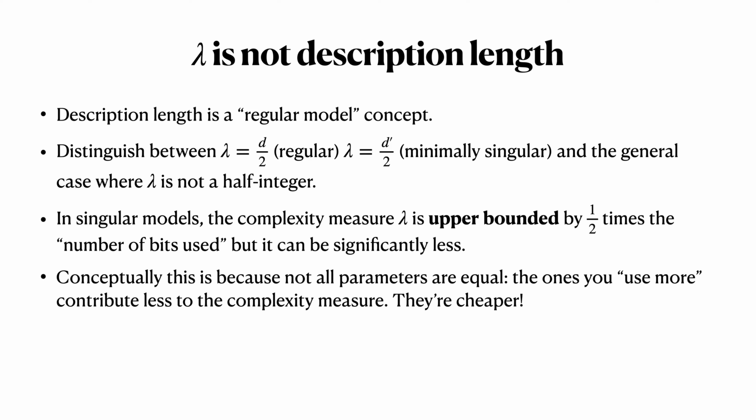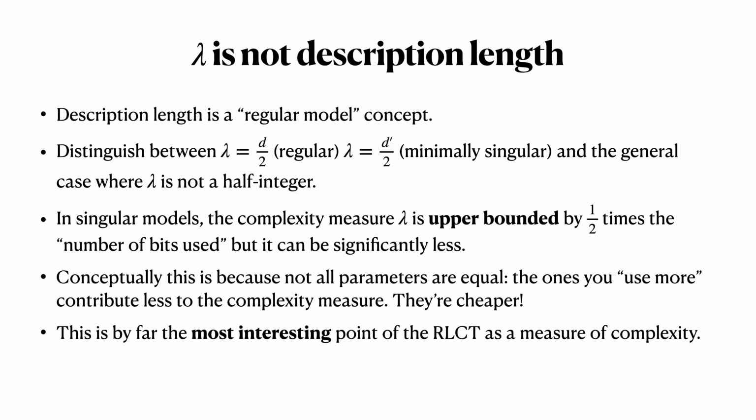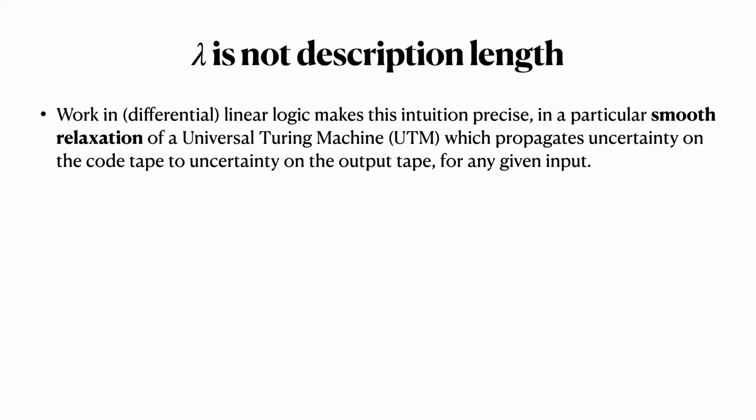You can look at the examples, you can do the blow-ups, but what's a conceptual reason for this distinction? Here's one example where you can see very clearly the distinction. If you set up systems where you have an alternative understanding of the number of bits you think it's using, and then you look at how some parameters are behaving in the learning process, you can see the gap between the two.